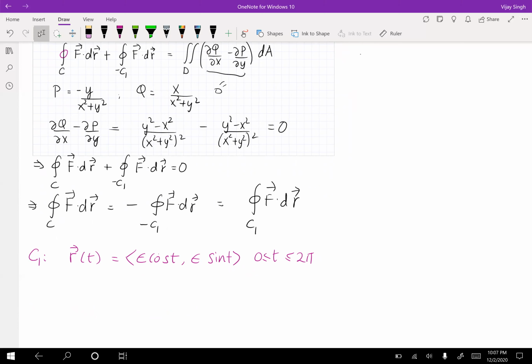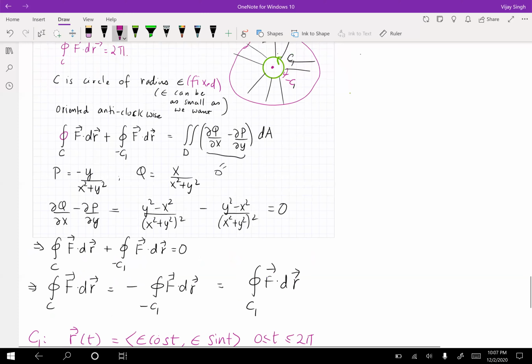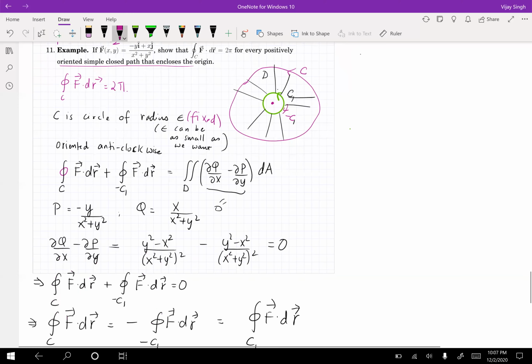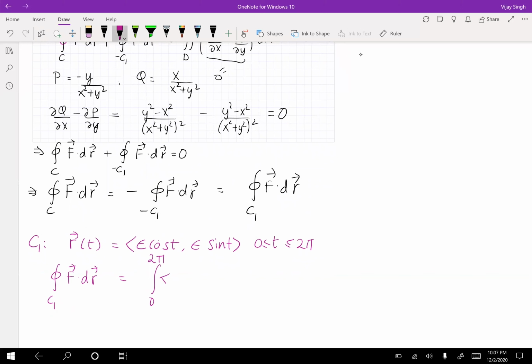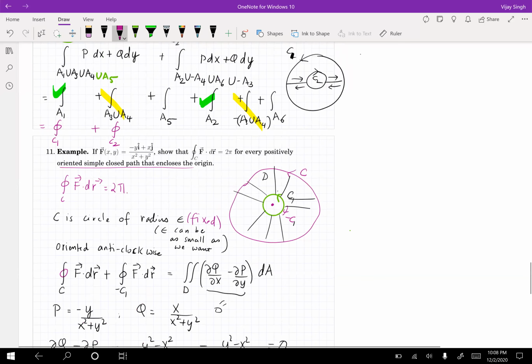So we have the integral over C1 of f dot dr is going to be the integral from 0 to 2 pi. Now what is my f? F is minus y, x, over x squared plus y squared, right? So minus y, which is minus epsilon sine t, over x squared plus y squared.